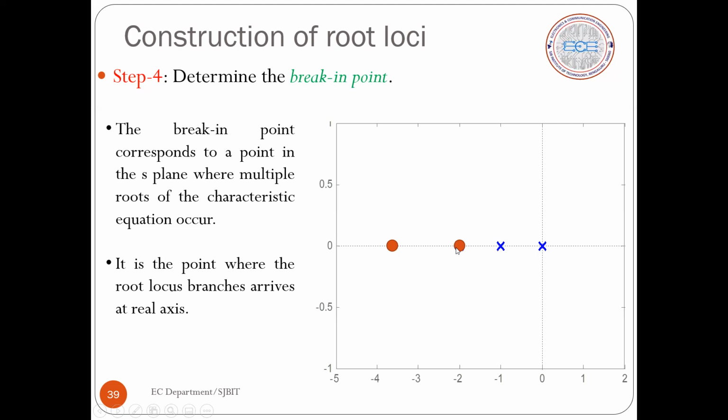The root locus originating from some other pair of poles enters the real axis at a point, and it branches to find their respective zeros to end its trip at k equal to infinity. Okay, so such a point where root locus meet and branch to reach the zero, we call it the break-in point.